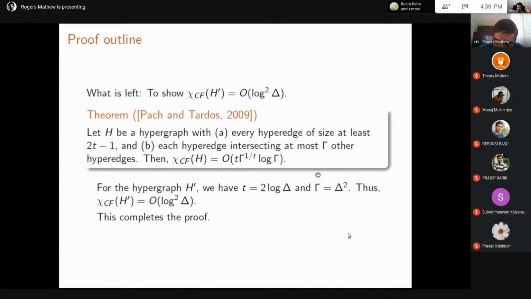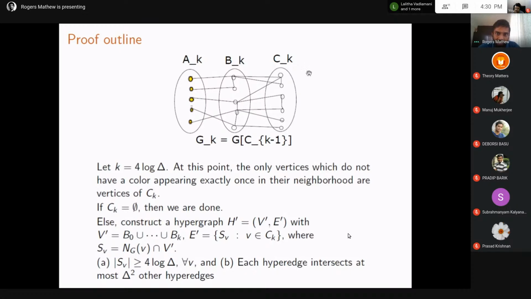If you plug in these numbers in this bound, you get the conflict-free chromatic number of this hypergraph H prime to be order of log square delta. And once you color H prime in a conflict-free fashion, you have taken care of the vertices of CK. They are seeing some color exactly once in their neighborhood.